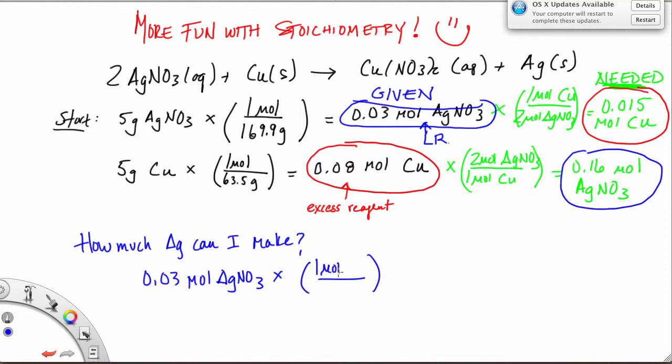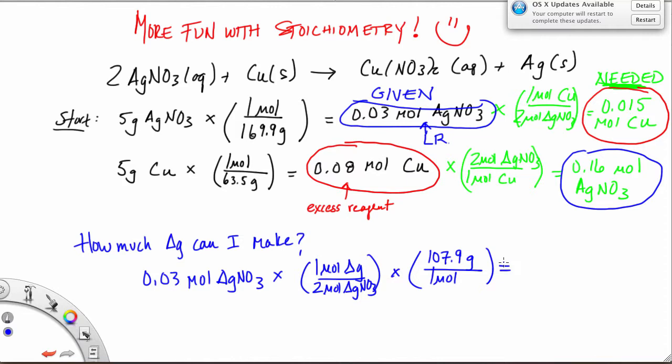I have 1 mole of silver for every 2 moles of silver nitrate. And then I'm going to convert to grams. I want to know how many grams of silver. The molar mass of silver was 107.9 grams in 1 mole. So my problem becomes 0.03 divided by 2 times 107.9.